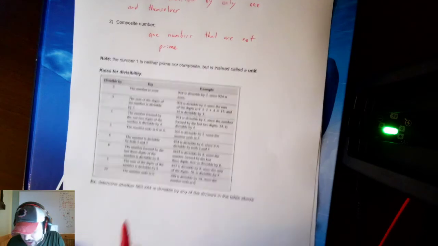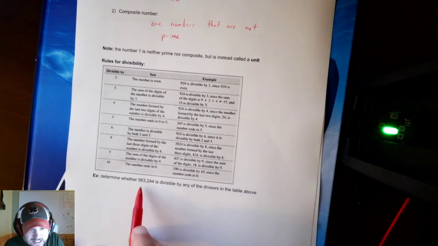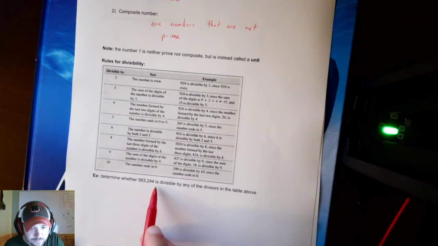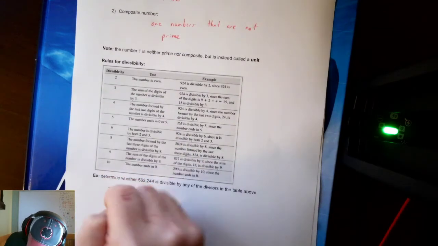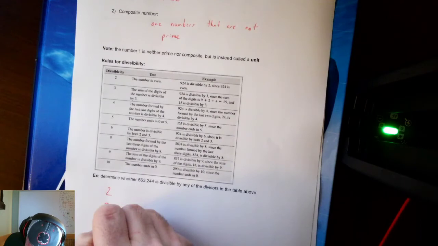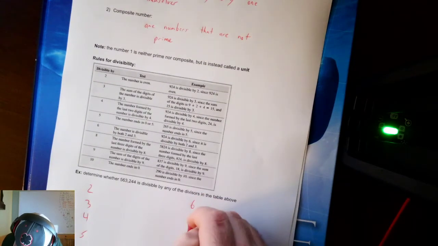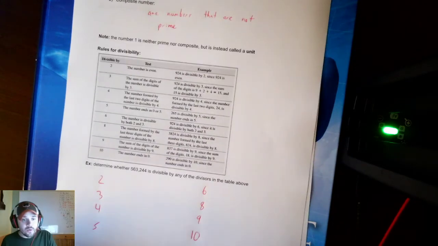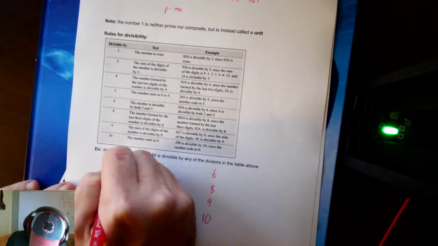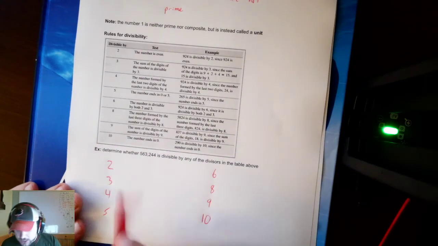So the number in question is 563,244. The possibilities are 2, 3, 4, 5, 6, 8, 9, or 10. We want to check each of these to see if they work. So let's take a look.